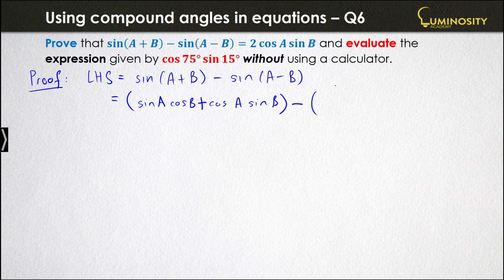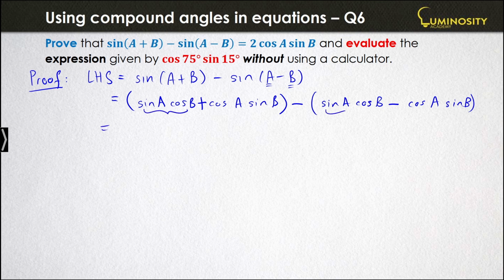Minus, and then again we have the sine, so it's going to be sine cos, cos sine, and then the angles A B in the order that we see them, and because of the minus sign, it's a minus. So let's see what's common here.